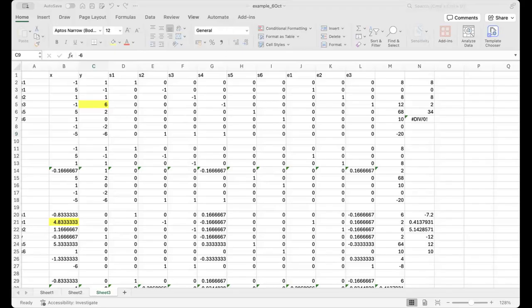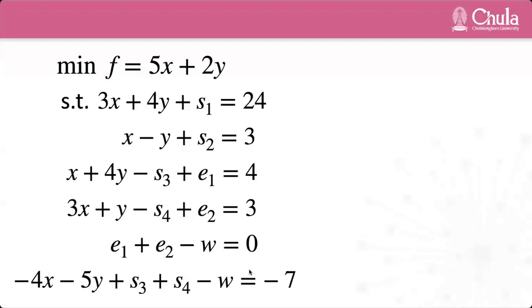Because W is the summation of all E variables. We have E1, E2, E3, right? Do we have E4 in that example?